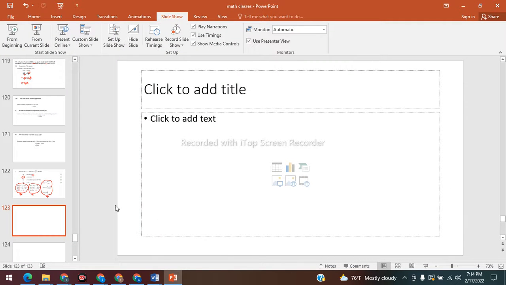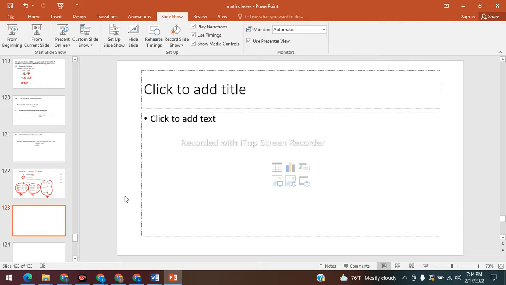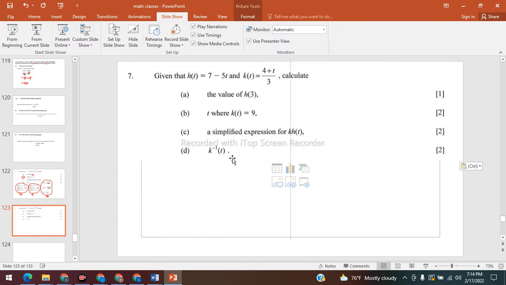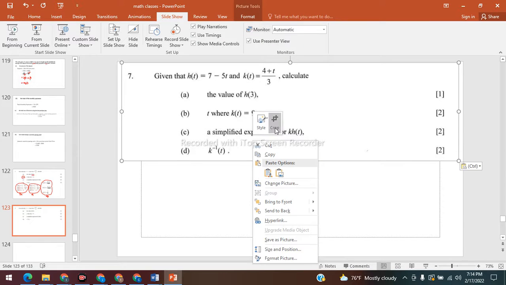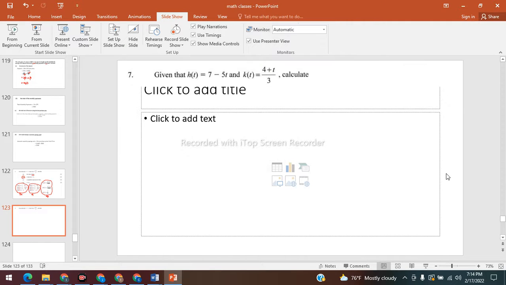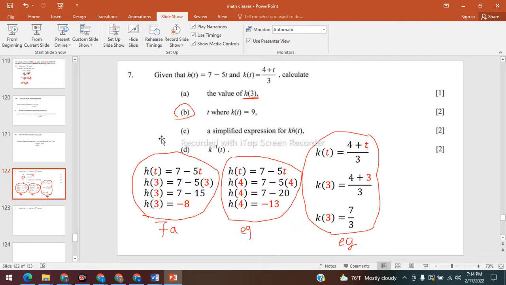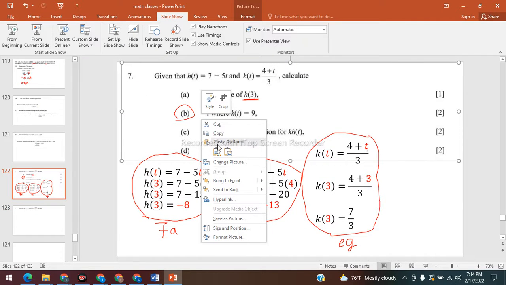By the way, what did you all get, for those who did it? 13/3. I got the same thing, 13/3. Okay, so we have to be careful how we read these things. We have to be very careful how we read them. And what I mean is the following.